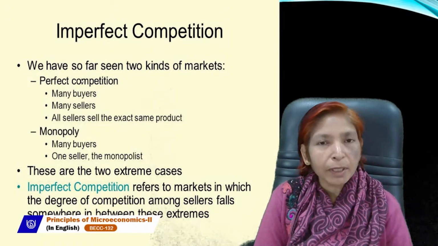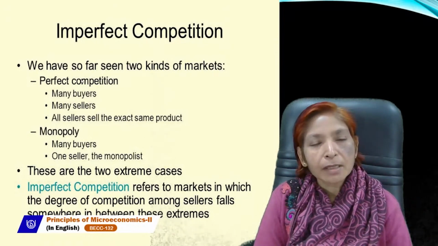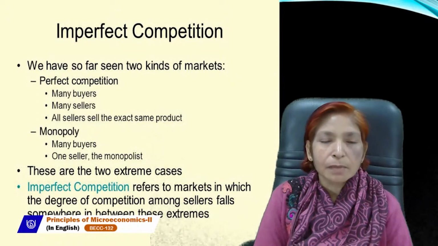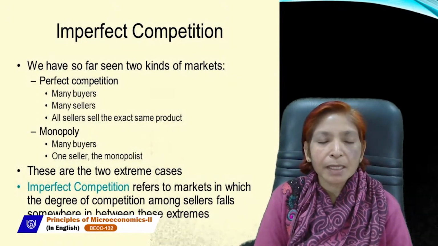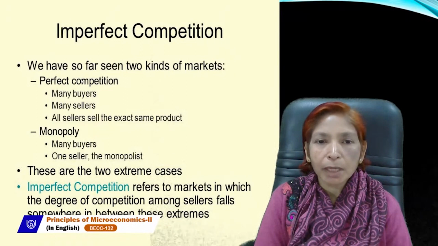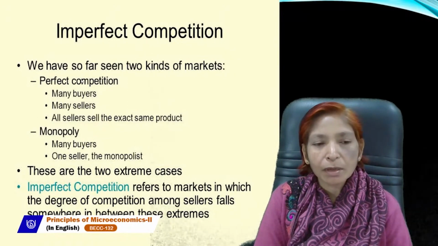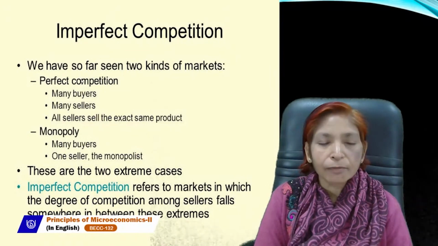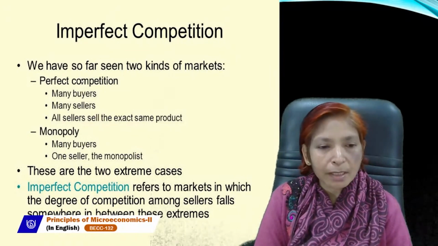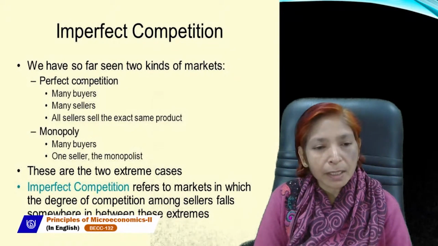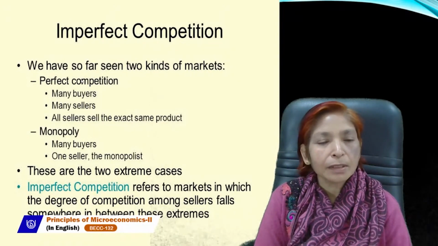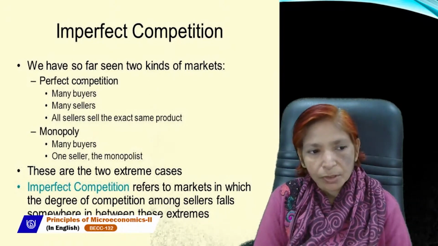There is freedom of entry and exit. The firm is a price taker, not a maker. Price is determined by the industry's demand and supply curves, and the firm always takes that equilibrium price.